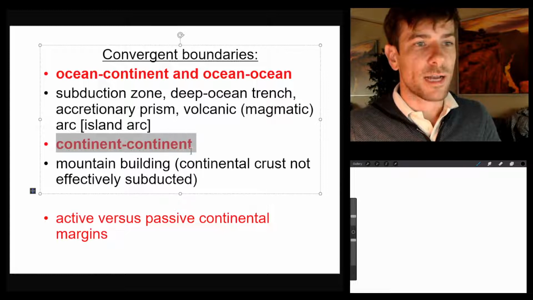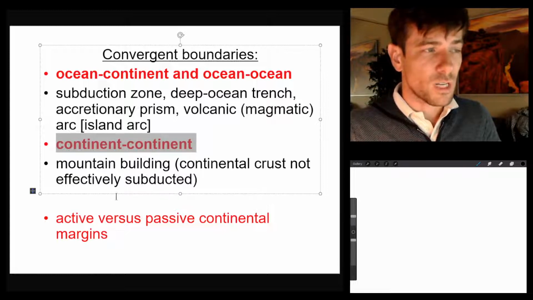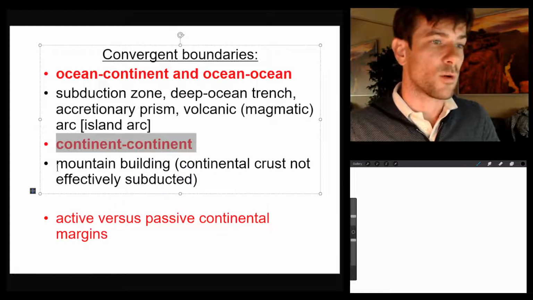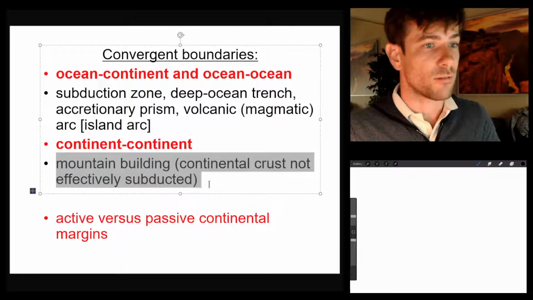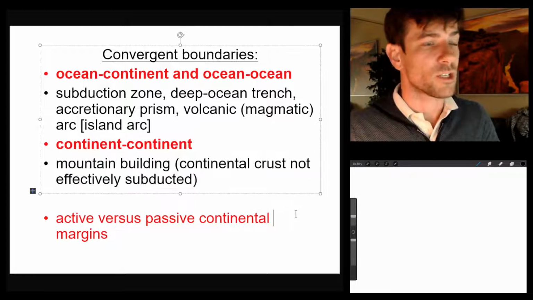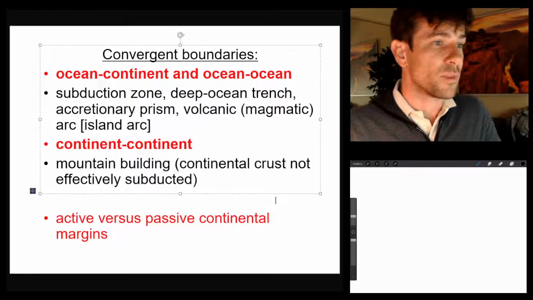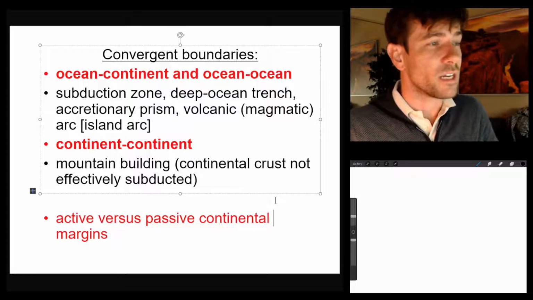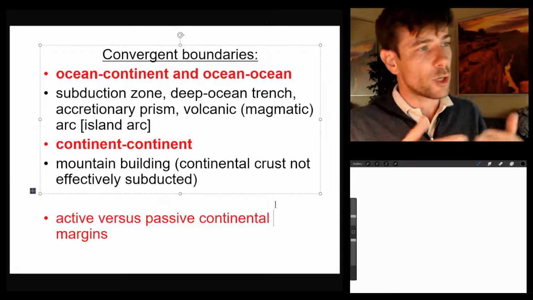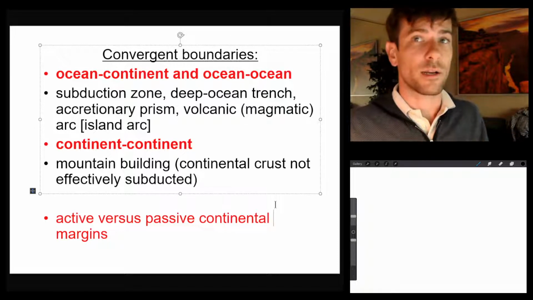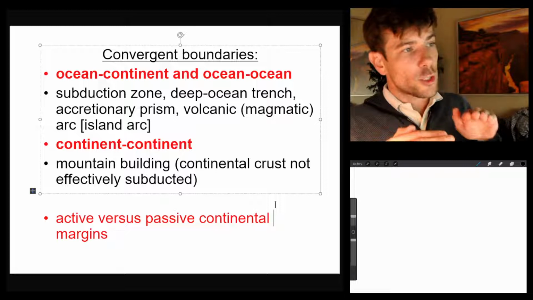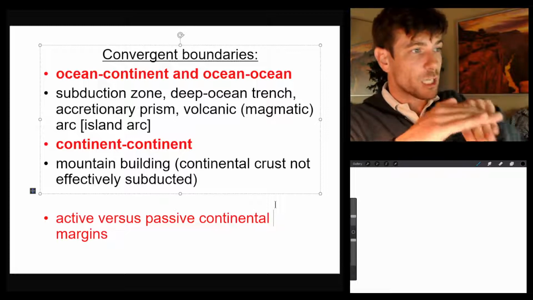When you have continents colliding with other continents, neither will subduct, and so what results generally is just a very large mountain range. All right, and there are many examples of that. The most obvious is the collision of India with Eurasia. There used to be an ocean separating India, the Indian subcontinent, from Asia, and that ocean plate was subducting beneath Asia.